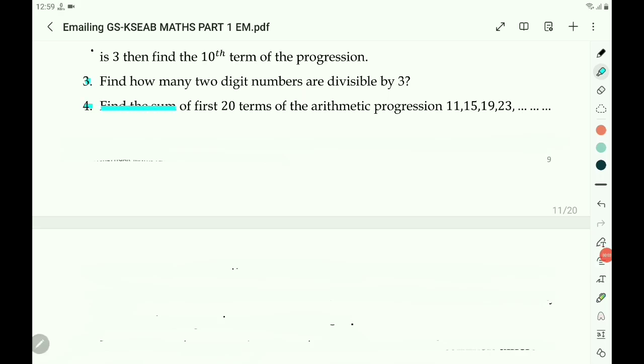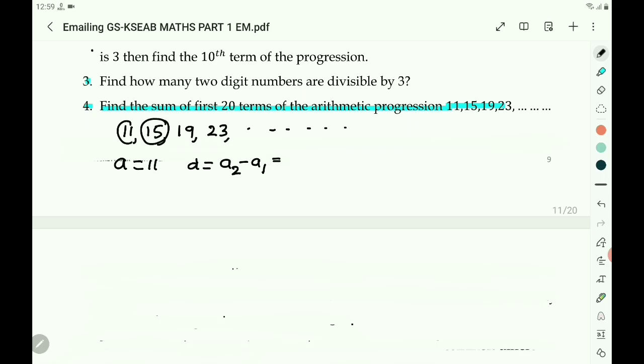Fourth question. Find the sum of the first 20 terms of the arithmetic progression 11, 15, 19, 23, and so on. Here a equals 11, and d equals a2 minus a1. a2 is 15, a1 is 11. 15 minus 11 equals 4.